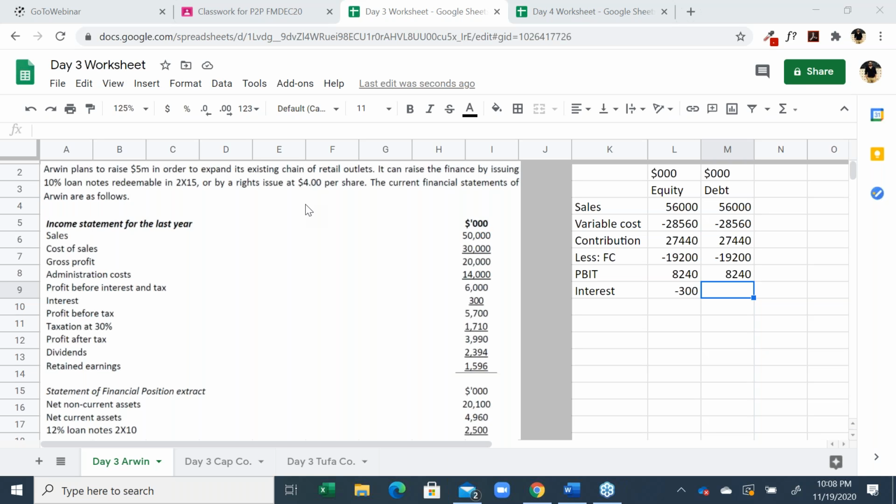It's 5 million, and the interest is 10%. So the new finance is 5 million and the interest rate is 10%. That's for the new one, and the existing one will stay the same, 300. So it's going to be 800. So PBT, profit before tax.